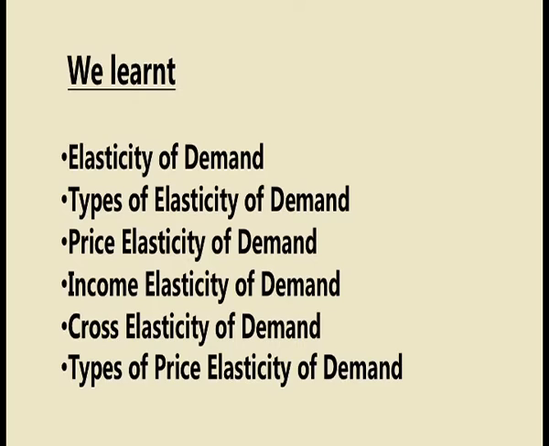But this cannot be measured in terms of numbers, so it is not taken as a measure of elasticity of demand. So, through the elasticity of demand, we will examine how far the quantity demanded of the commodity increases or decreases to the changes in these factors, say price of the commodity, income of the buyer and changes in the price of related or substitute goods.